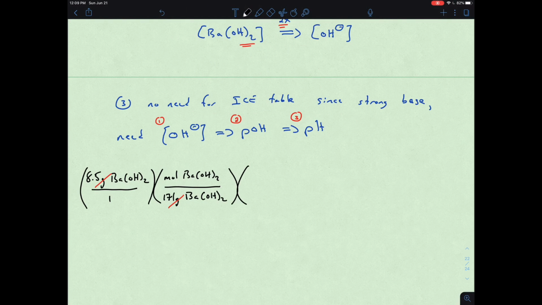And then going one step further with the conversion between the molecule and then the specific quantity that we want, which is the hydroxide.